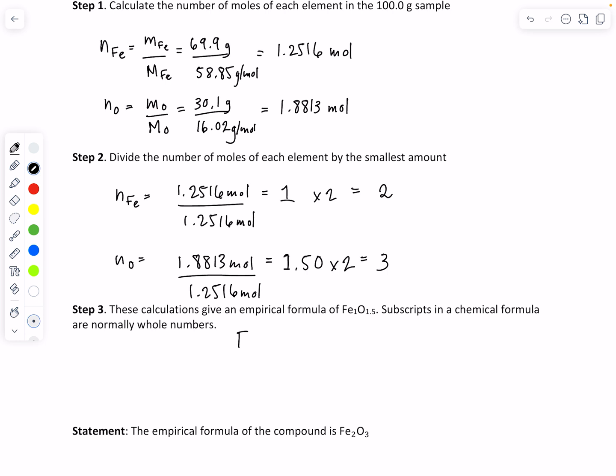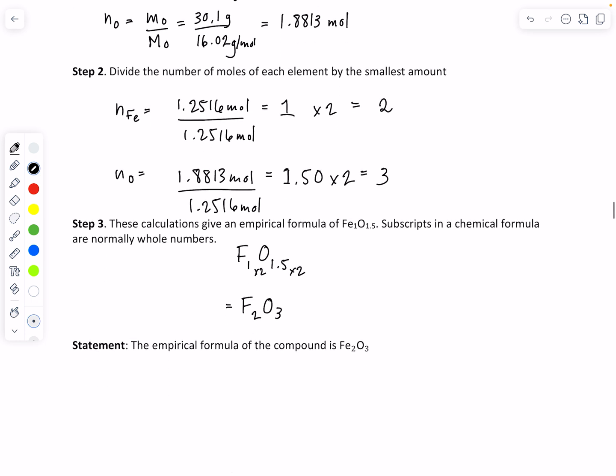So initially, we had 1 to 1.5, but we multiplied these by 2 to get the empirical formula Fe2O3. Therefore, the empirical formula of the compound is Fe2O3.